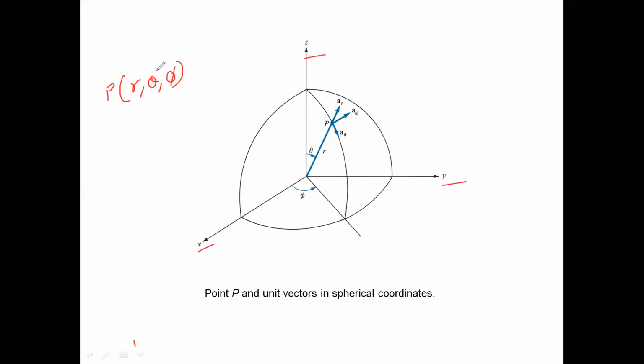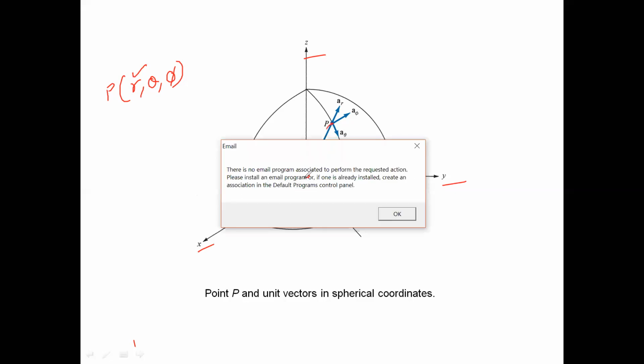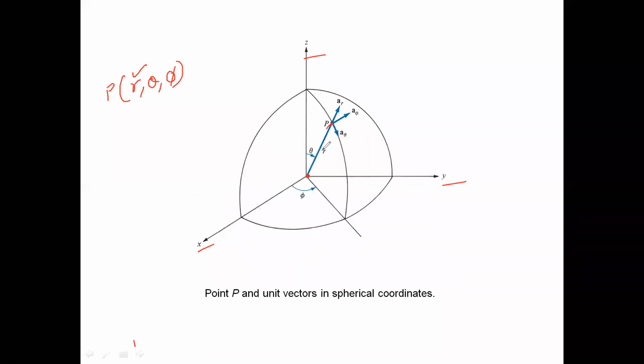Here the first coordinate is r, which is nothing but from the center to point P, where you draw a line. This line is called r, and it is the distance or the radius of the sphere.